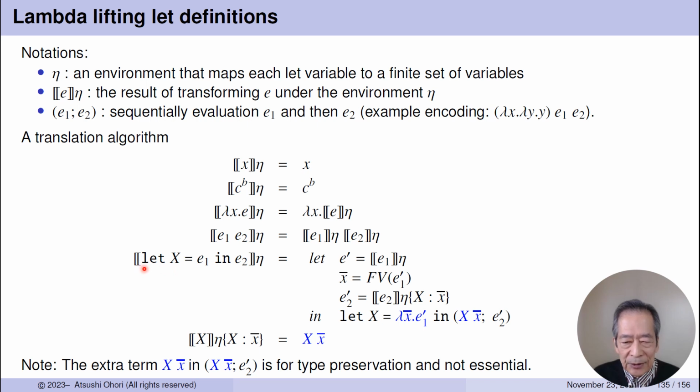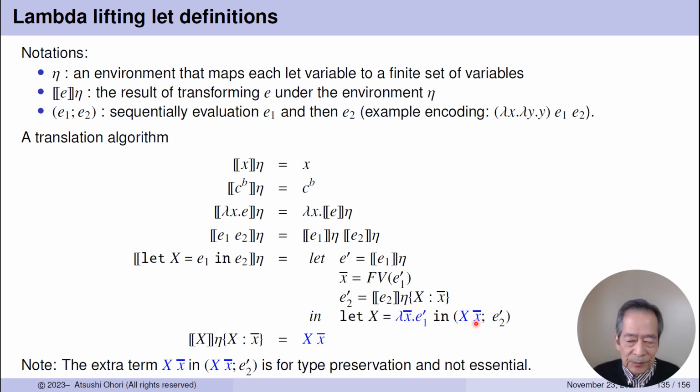For the case of let expression, we first inductively transform E1 under this environment and get the result, and then compute the free variables, and then extend the environment with this let variable mapped to this set of free variables. Under this extended environment, E2 is transformed to get a result, and then we reconstruct the let expression by inserting this extra lambda abstraction.